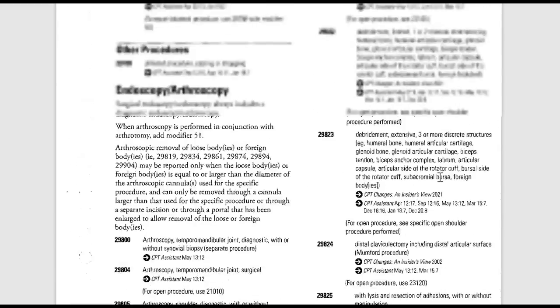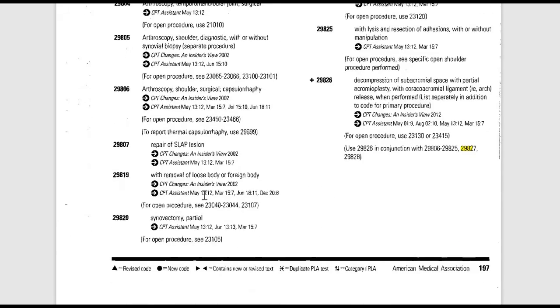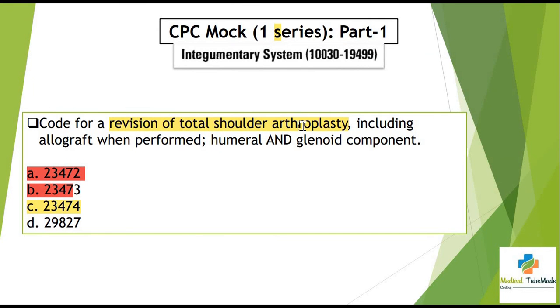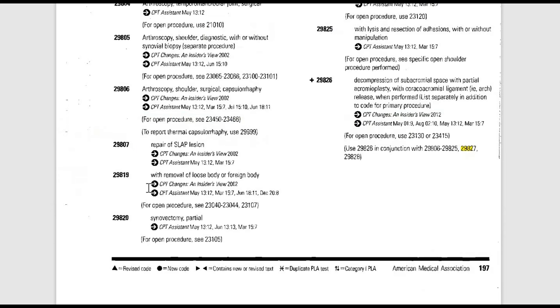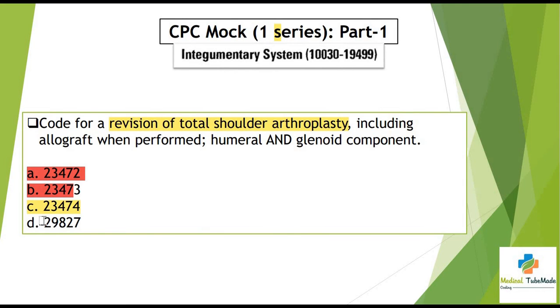If you go with the parent code, you will find this is arthroscopy, not arthroplasty. Here it is arthroplasty, so an arthroscopy code is not possible. It's a wrong code. So the correct answer is 23474. This is a very easy question, guys. You will get this type of question also.